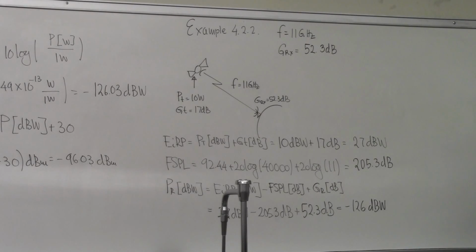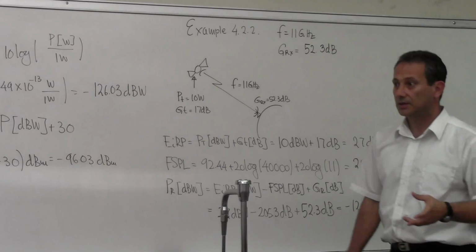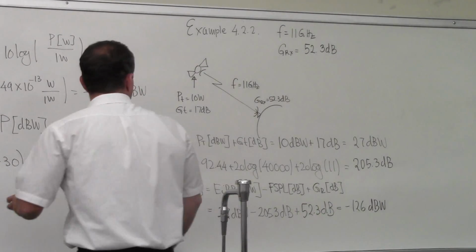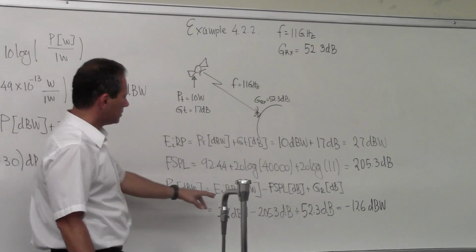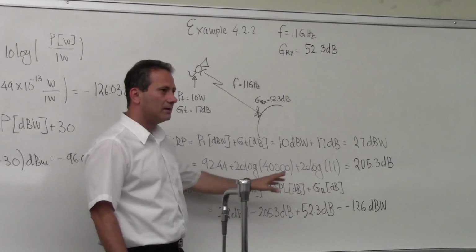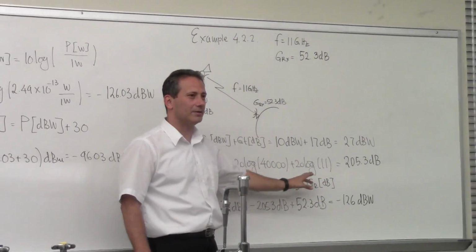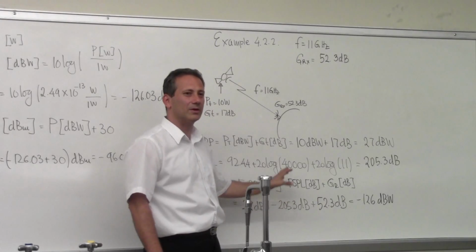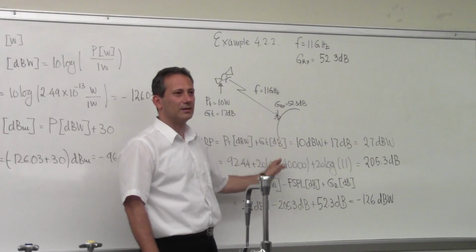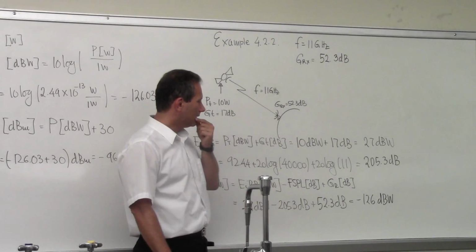Now, whenever we do these kinds of examples, there's an obvious question that I always get. If you look at this equation, you're adding units that are not the same, right? There's dB and dBW, subtracting and adding.